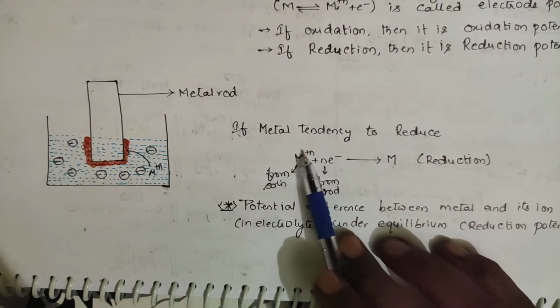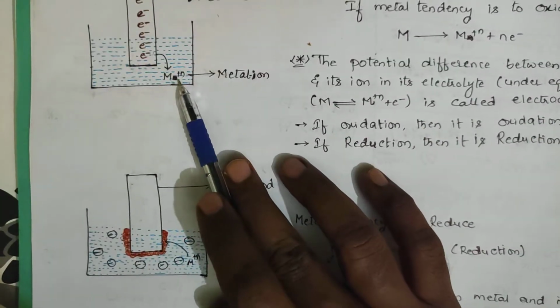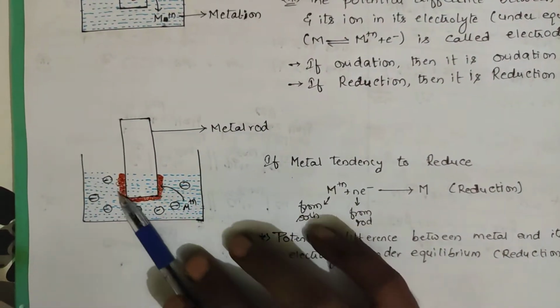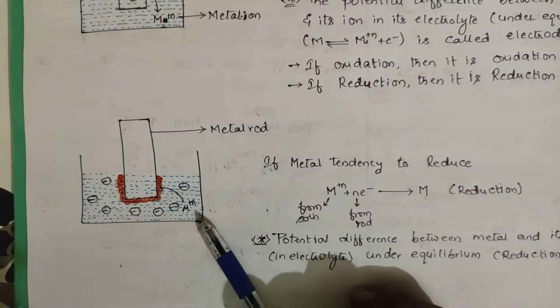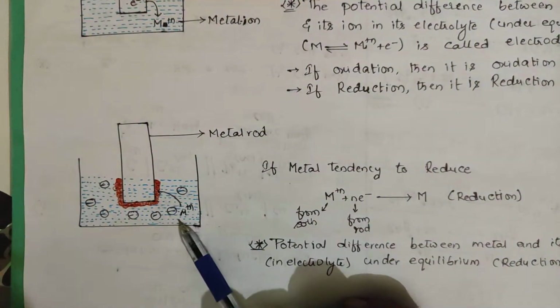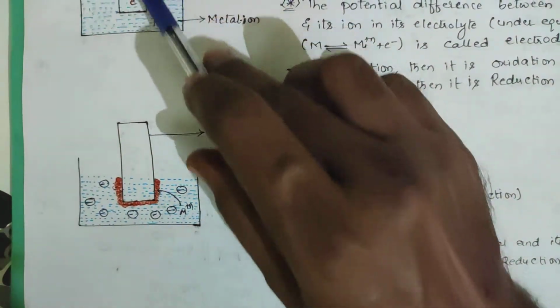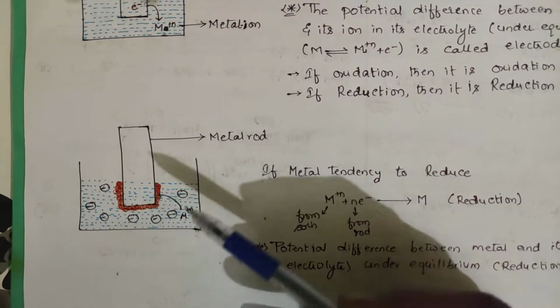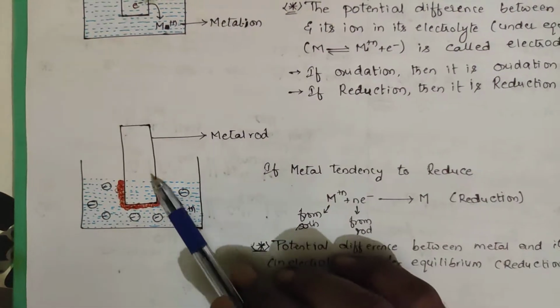See, M plus n, whatever is getting deposited on the rod, you are getting from the solution. Here negative charge is present more in the solution due to anions, because cations are getting deposited on the rod.